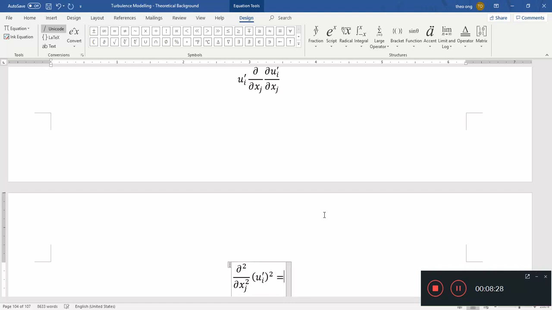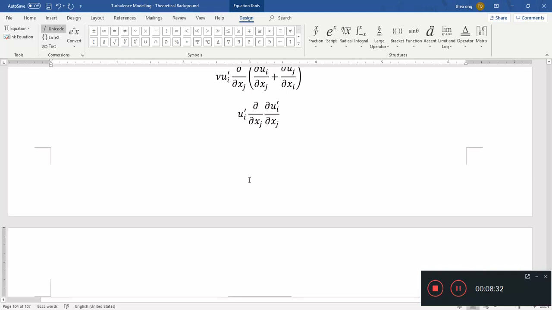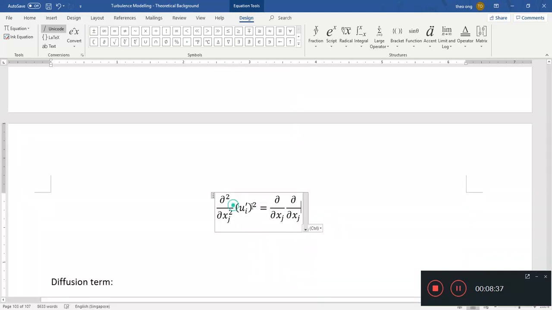What will happen is that we'll have a del by del xj on the outside, and this will happen here. You have a second derivative.